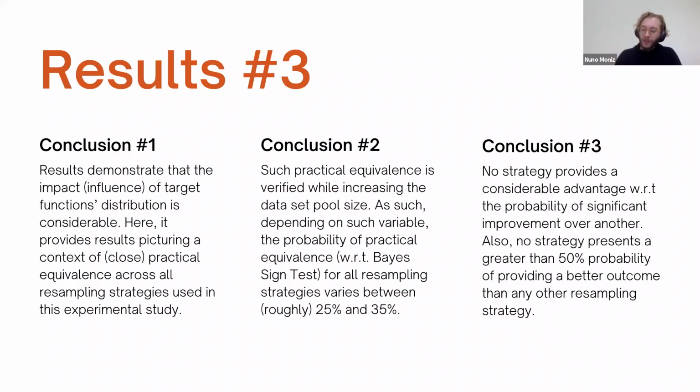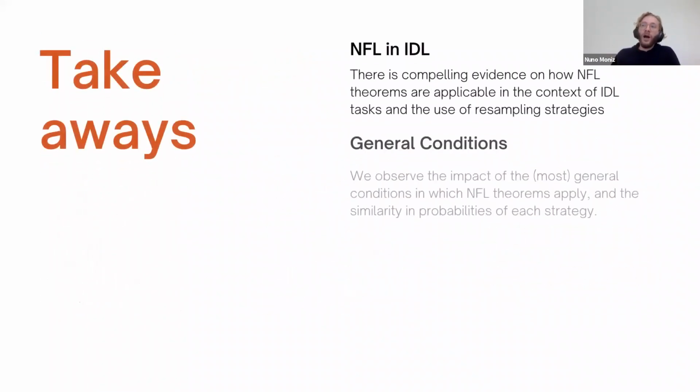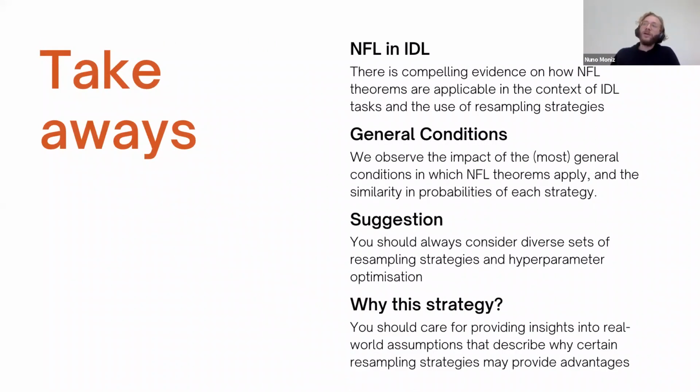So, as it turns out, our key takeaways here would be that there is compelling evidence that the no free lunch theorems can be applied in this context of imbalanced learning tasks and the use of resampling strategies.